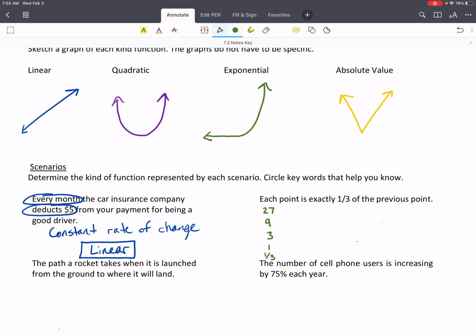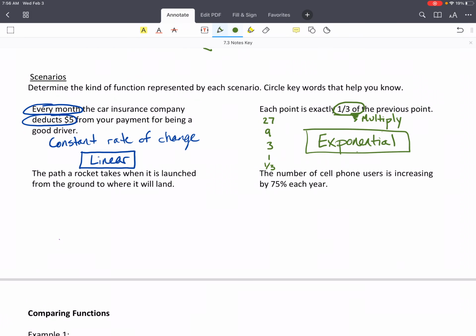And I can see, oh, it's dividing by 3 every time or multiplying by 1/3 every time. So this 1/3 of, that of part means we are multiplying. So this is going to be exponential.